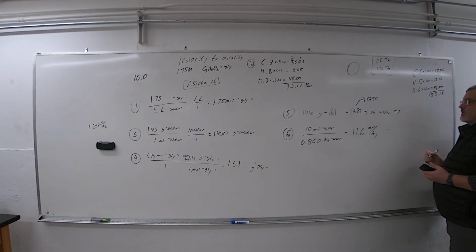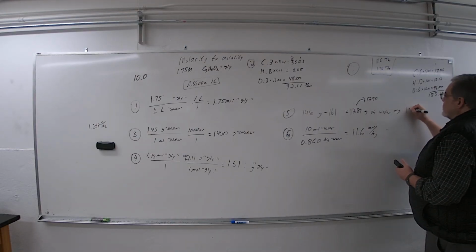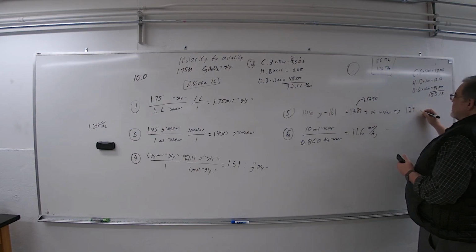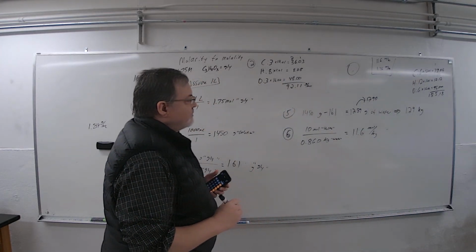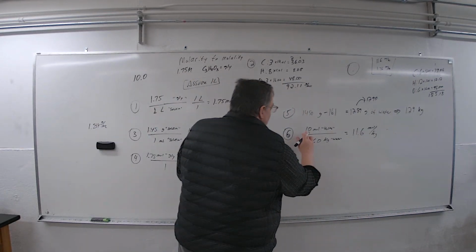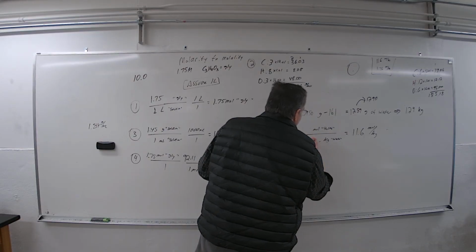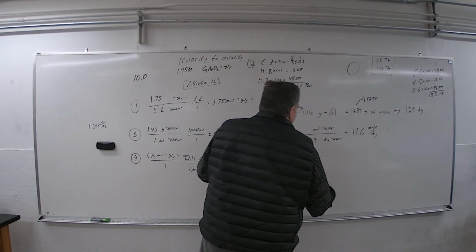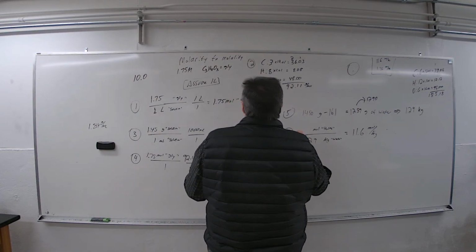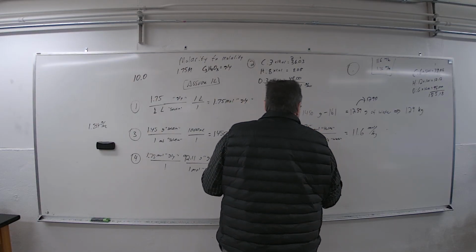So that really should be 1290, which I'm going to say is 1.29 kilograms. Keeping 3 significant figures of water. And here, 1.29 kilograms, and the moles was 1.75.